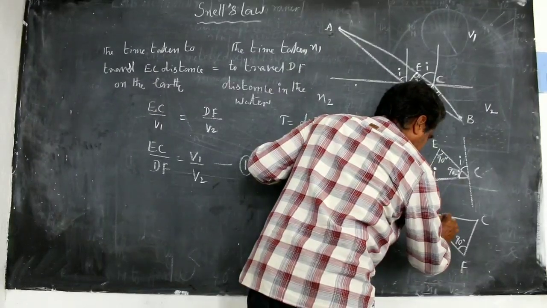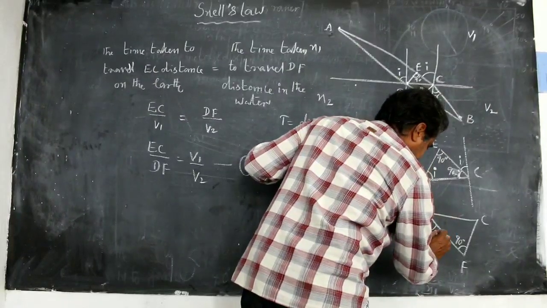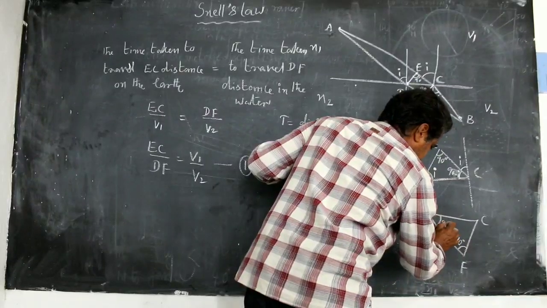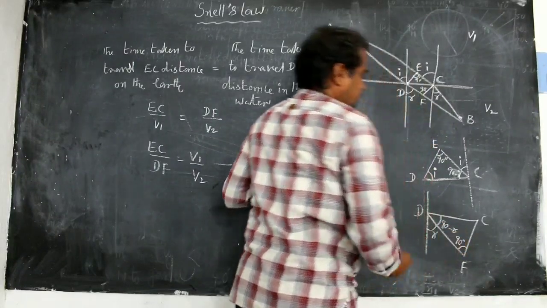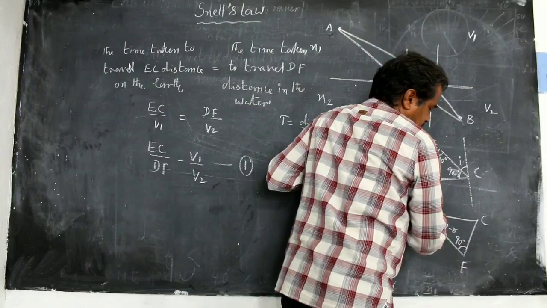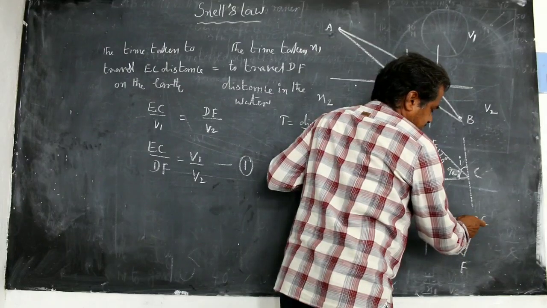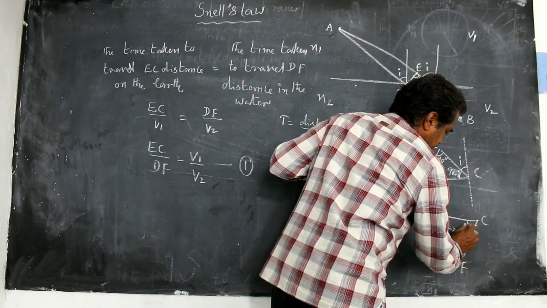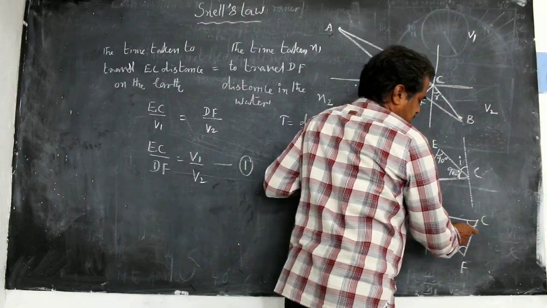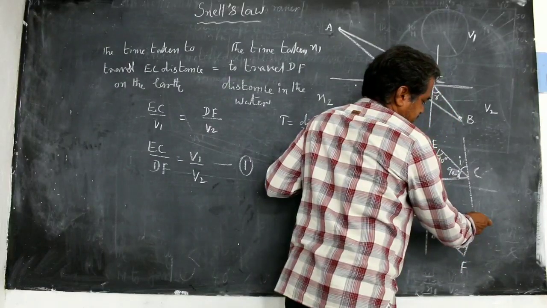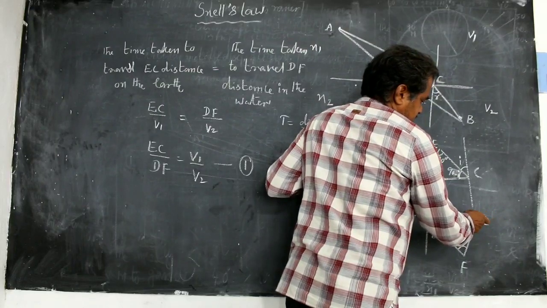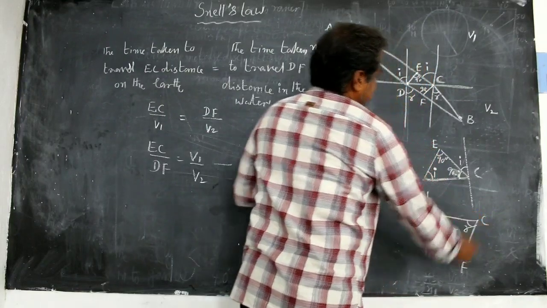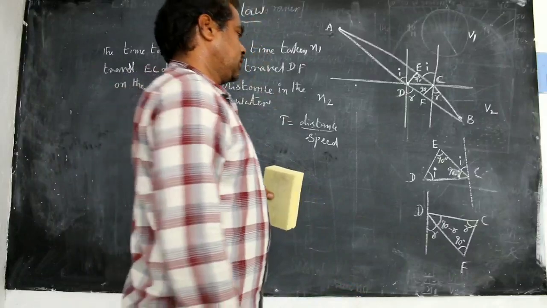This is R, so this is 90 minus R. The sum of the three interior angles of any triangle is 180, so 90 minus R plus 90 plus angle C is equal to 180. By solving this equation, we get angle C is equal to R.